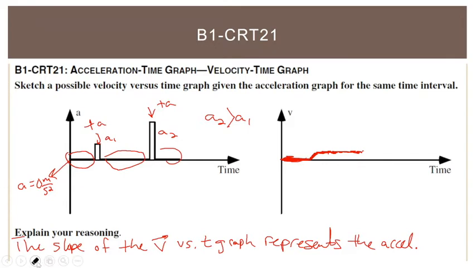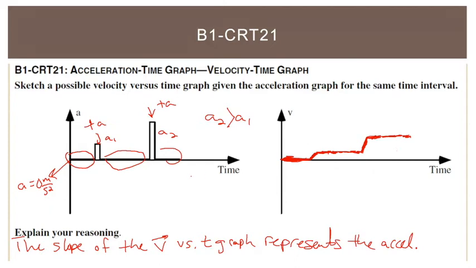The way that we can do that is pretty simple. We just have to make the line a lot more slanted, and it should look something like that. The velocity grows by more in the same amount of time. And then constant again, and that's it.